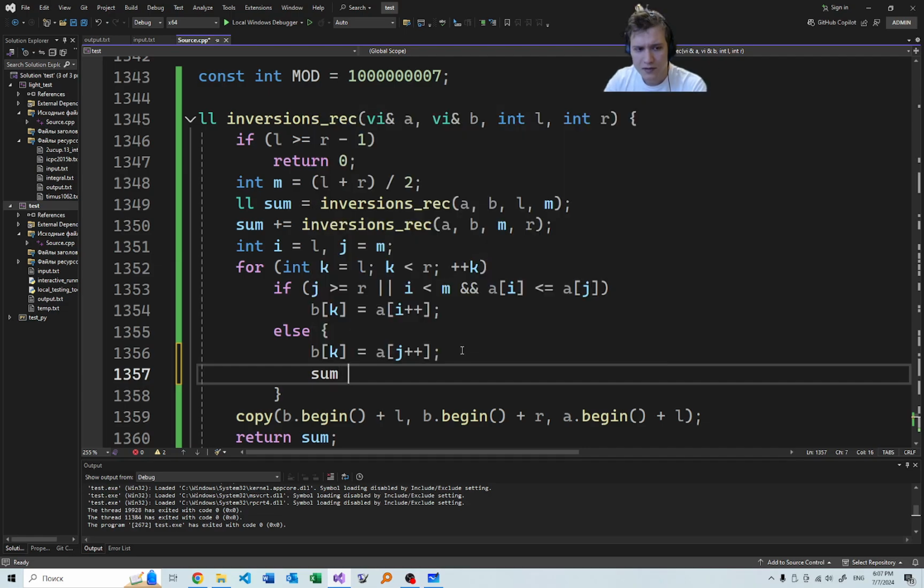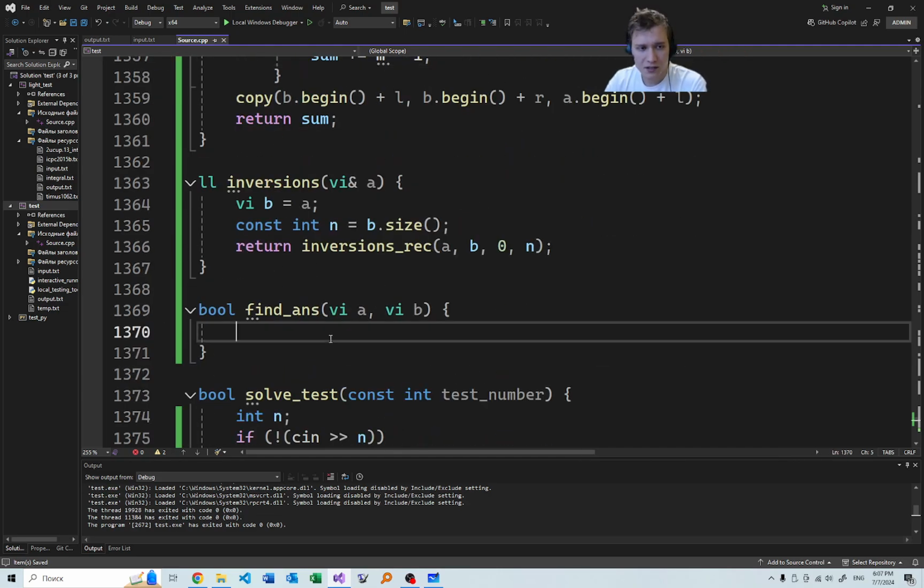So sum, we say that it is sum plus equals what? So this element aj is to the right of all elements from I to m. So probably something like this.